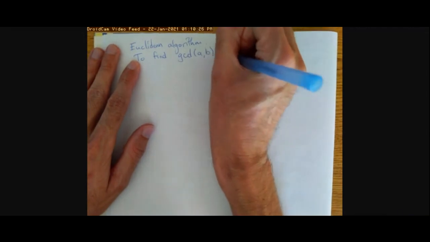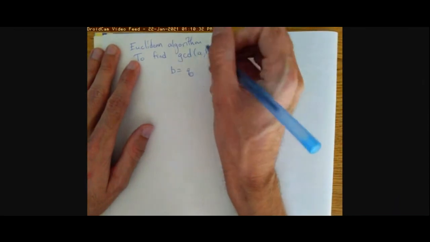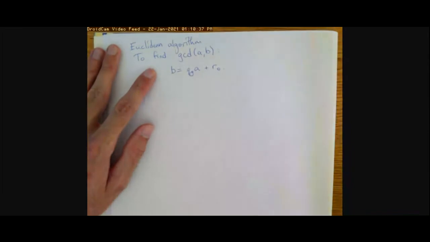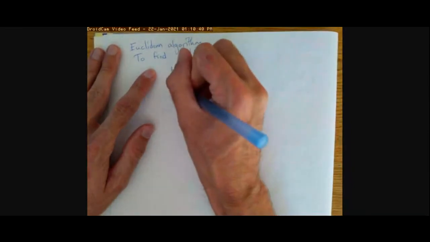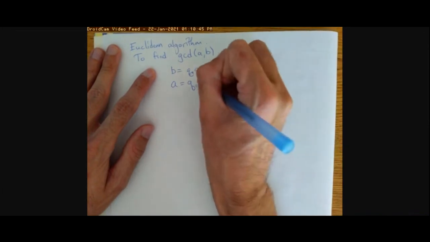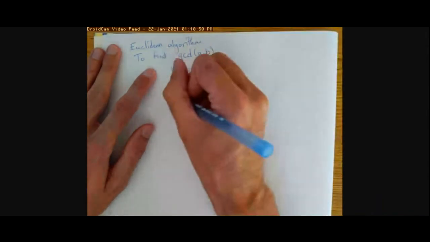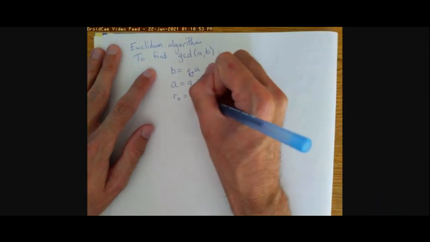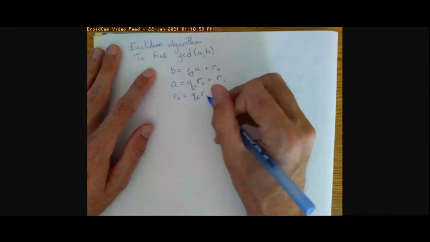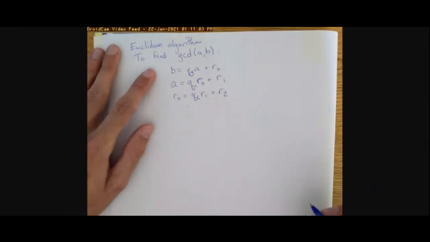Find the GCD of A and B. First, you divide A into B. Then you divide the remainder into A. Then you divide that remainder into the previous remainder. Divide that remainder into the previous remainder, and just keep on doing that.